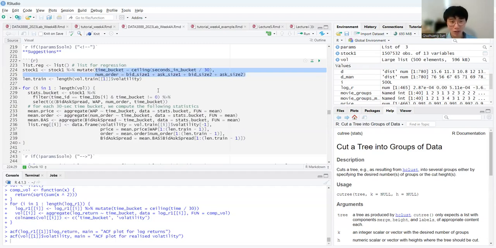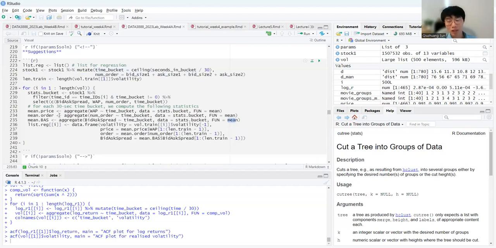So I just use the aggregate function here, the same strategy as before to compute the realized volatility. The corresponding function is mean. So I just compute the mean of the weighted average price in each time epoch, the mean number of orders in each epoch, and the mean of the bid-ask spread in each epoch.